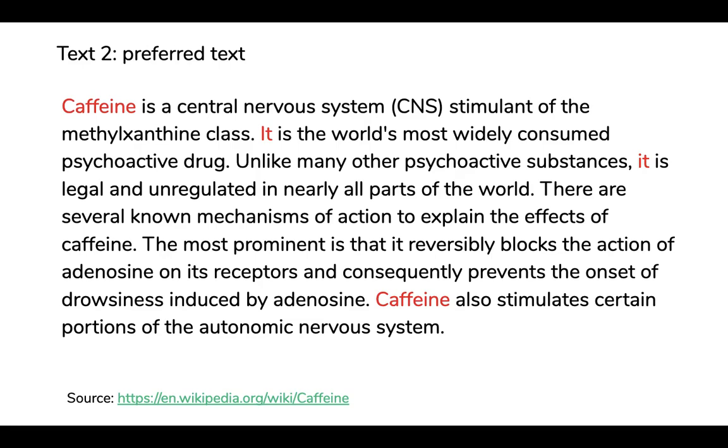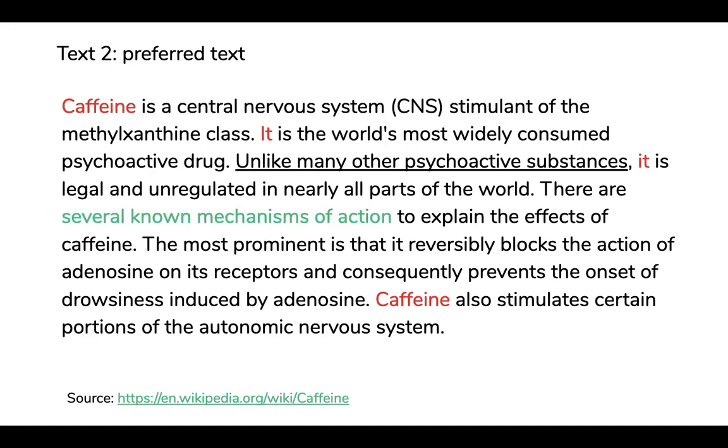Notice that in the third sentence, unlike many other psychoactive substances, this does link backward. Even though it's referring to unknown psychoactive substances, we can still integrate that with our understanding of the text because we know the text is talking about psychoactive drugs.